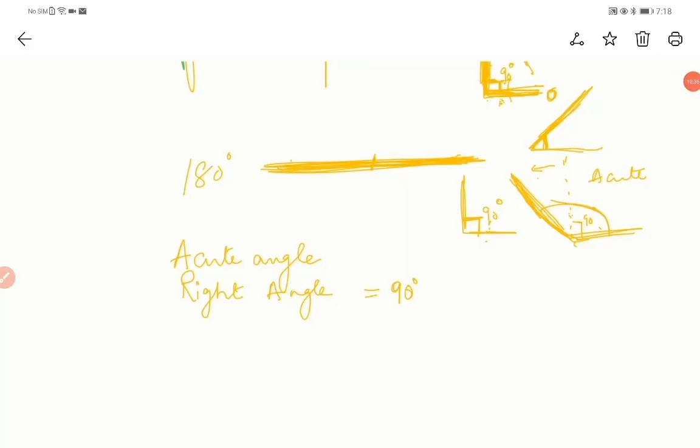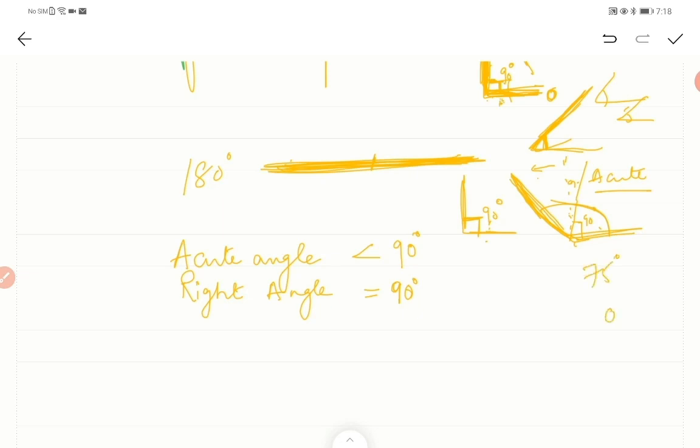And if the angle formed is less than 90 degrees, like these small angles, exactly 80 degrees, that is also an acute angle. 75 degrees, from zero to less than 90 degrees, whatever angles there are, those are acute angles. If the angle is straight like this, exactly 90 degrees, we call it a right angle. Repeat this loudly along with me.